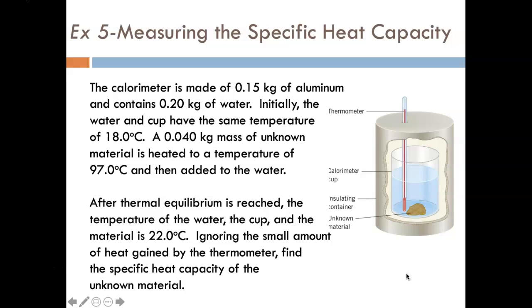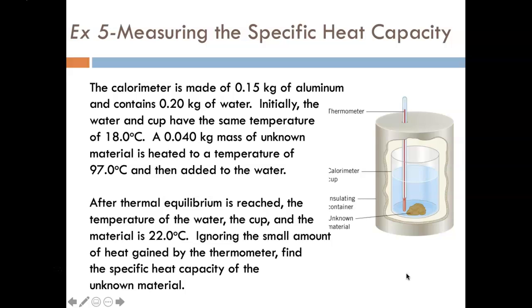And imagine a mass of unknown material is heated to 97 degrees and then added to the water. Alrighty, so after thermal equilibrium is reached and everything has come to the same number, the temperature is 22 degrees. Ignoring the small amount of heat gained by the thermometer, find the specific heat capacity of the unknown material.